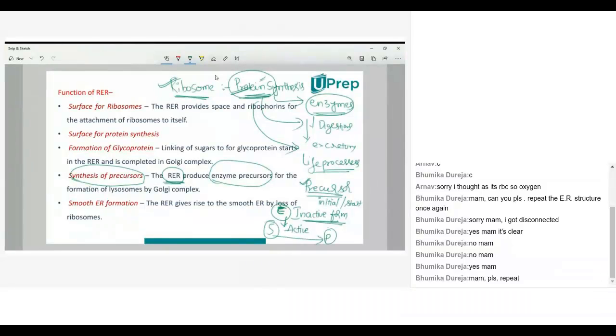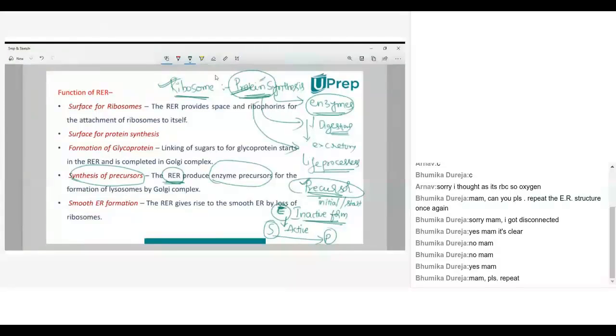So all the time your digestive enzymes will not be released. Suppose you take the digestion process: only when we have intake of food will digestive enzymes be released in more number. So until then, what is the role of digestive enzymes? Where will they be? They will be in precursor form. Now you got the connectivity?